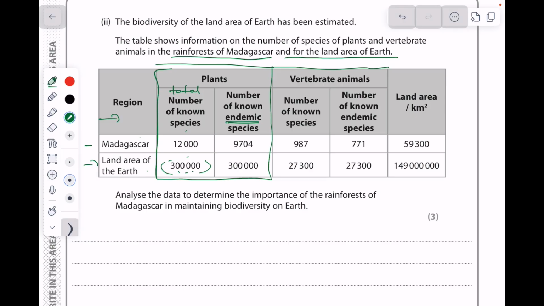Vertebrate animals, number of known species. So why is the number of known species? Table shows information on the number of species of plants and vertebrate animals in the rainforests of Madagascar and for the land area of Earth. $300,000.